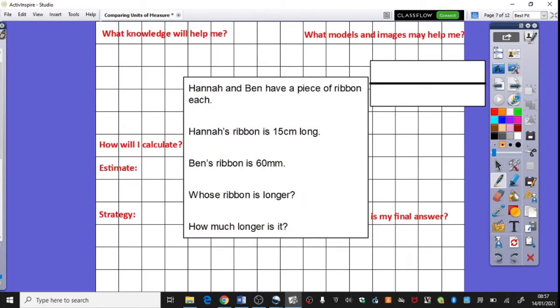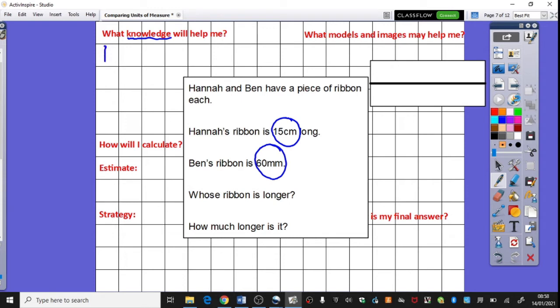Okay, so you've got my sort of diagram that you're used to seeing before, and we're going to start up here with what knowledge will help me. Well, as I read the question, I can see here I've got 15 centimetres and 60 millimetres. So I want to think about what I know, my knowledge of converting, and I might want to go back to that diagram from my task from yesterday.